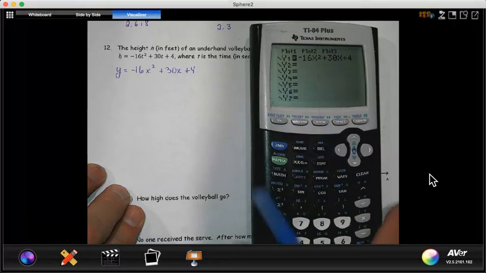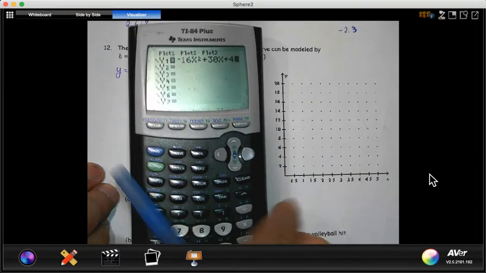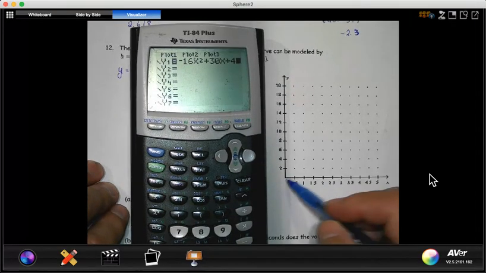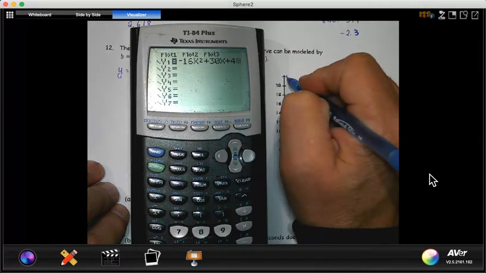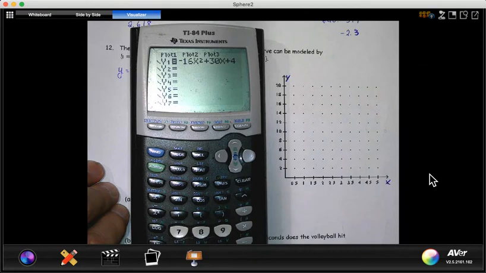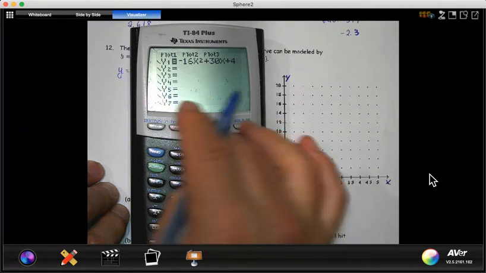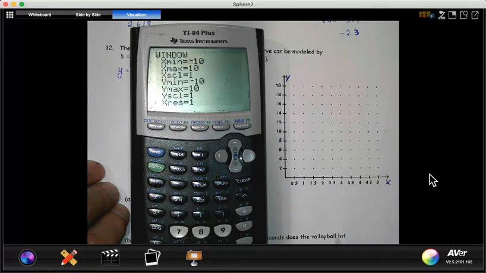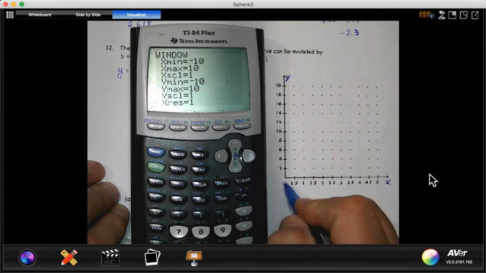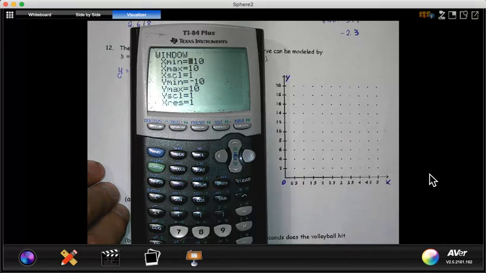Now if you take a look, I've set up a window for you guys. This is your x axis, this is your y axis. So we're going to hit window, which is right here. Your x minimum is 0, all the way to the left, and the x max is 5.